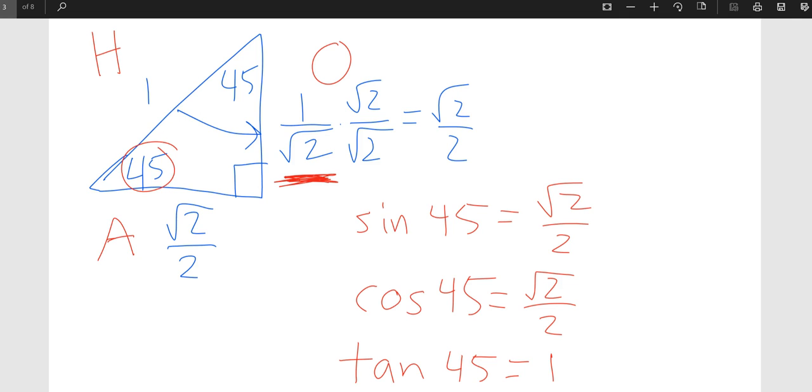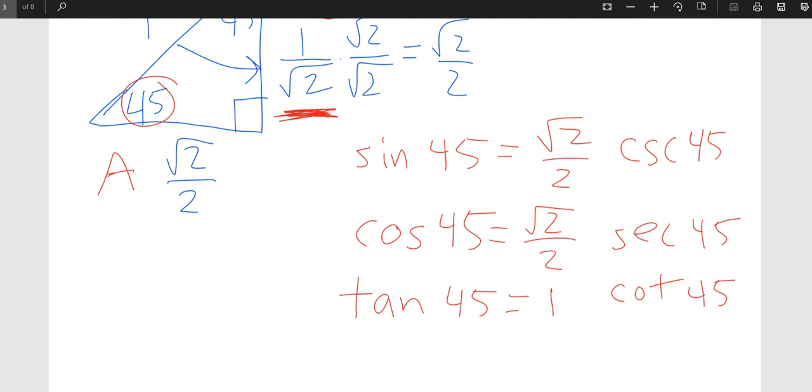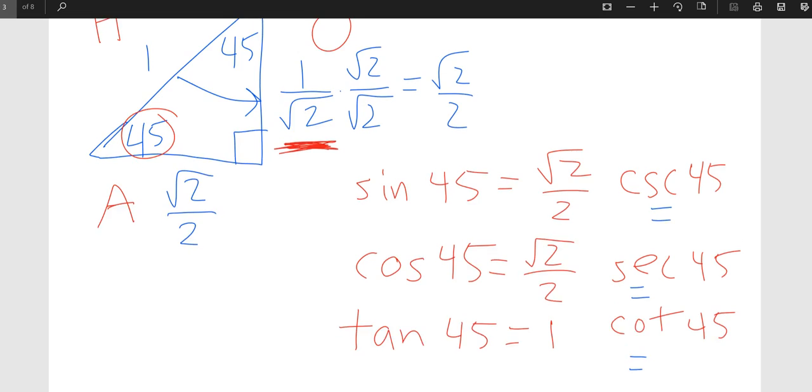So now if I want to find the other three: cosecant, secant, and cotangent. And I really did not leave myself enough room here. What are we going to end up with?